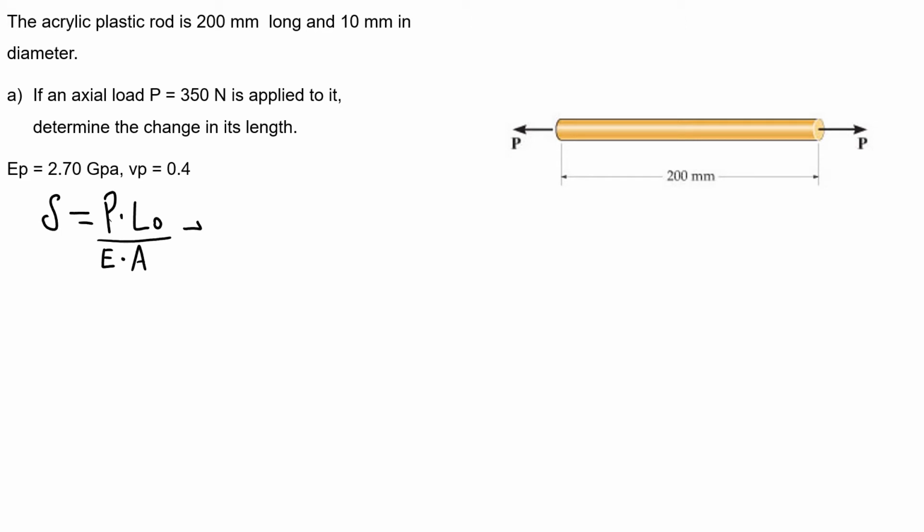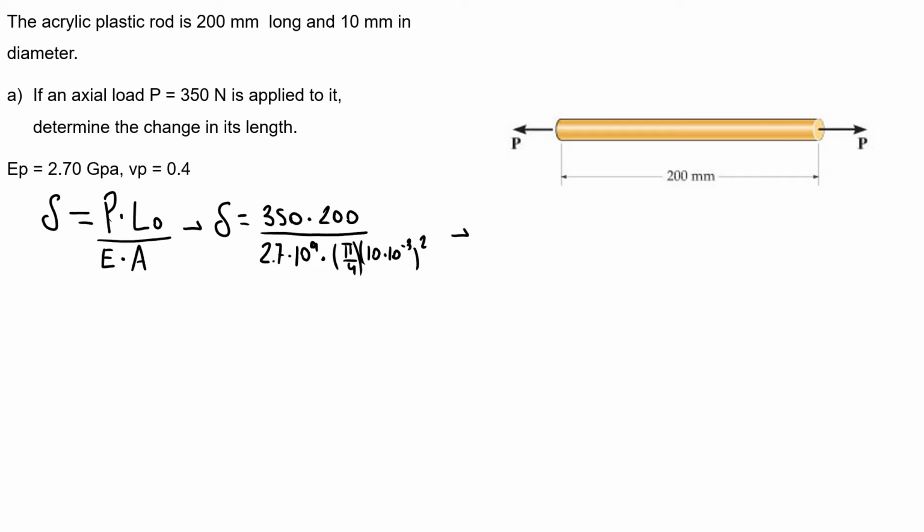So the change in length is our load, 350 newtons, times the original length, 200 millimeters, over modulus of elasticity, 2.7 times 10 to the 9, that's giga, times area, pi over 4, times 10 times 10 to the minus 3 to convert to meters, squared.